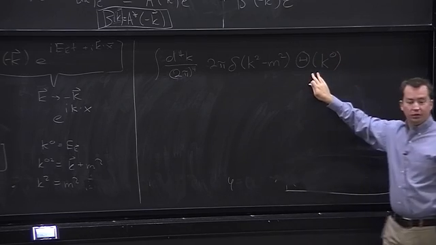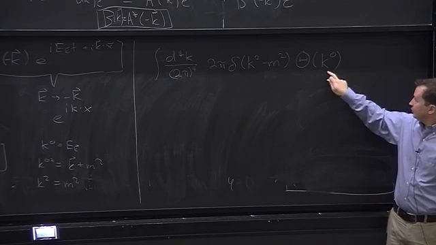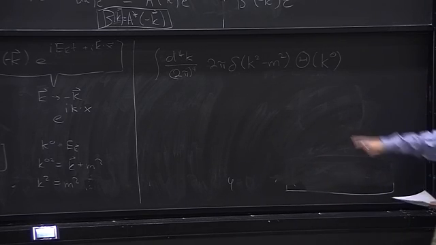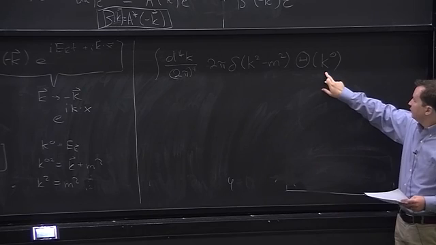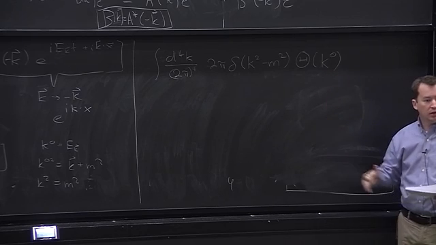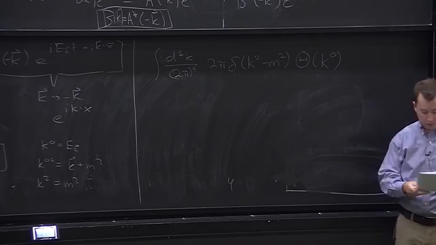Okay, so this one looks worrisome. The argument is definitely not Lorentz invariant. But the sign of k naught is all that really matters. And the sign of k naught is not changed as long as we restrict ourselves not to the full Lorentz group, but the orthochronous Lorentz group.